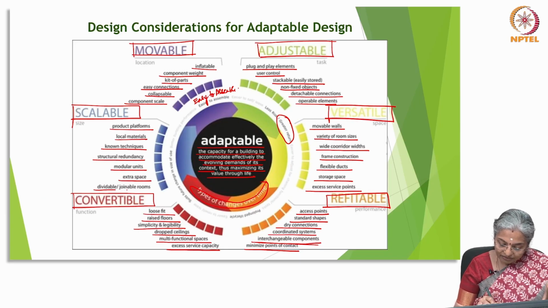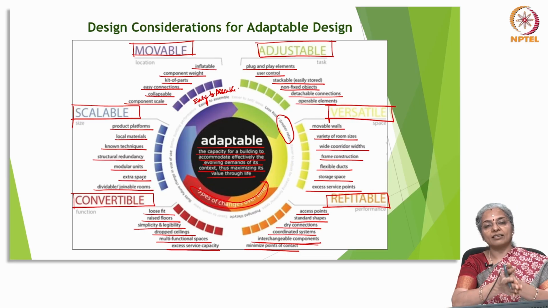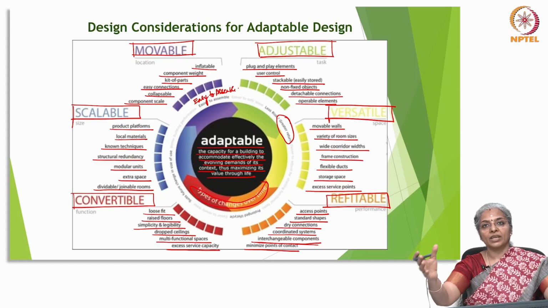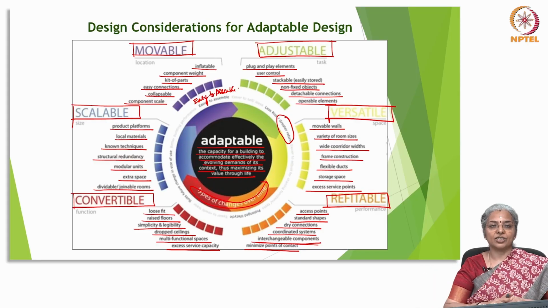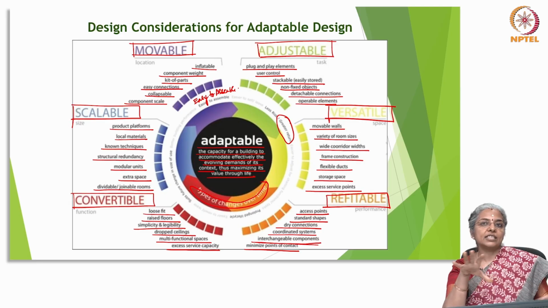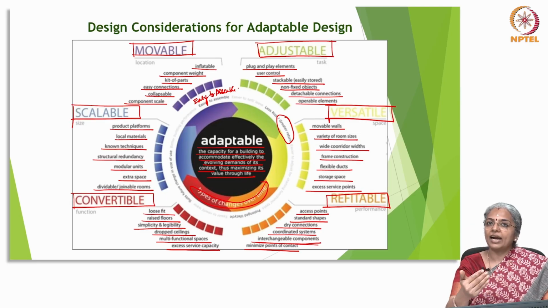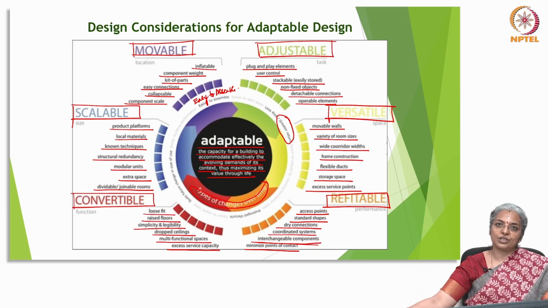And also, can we have rooms which can either be divided, or rooms which can actually be combined and made larger? So, all these factors along with BAMB will add together for adaptable buildings and also to consider adaptive reuse of buildings in future.